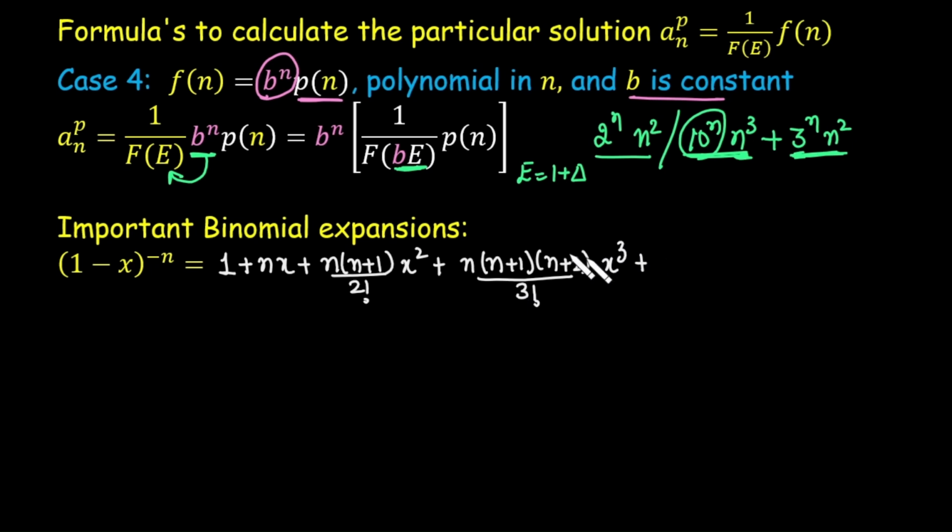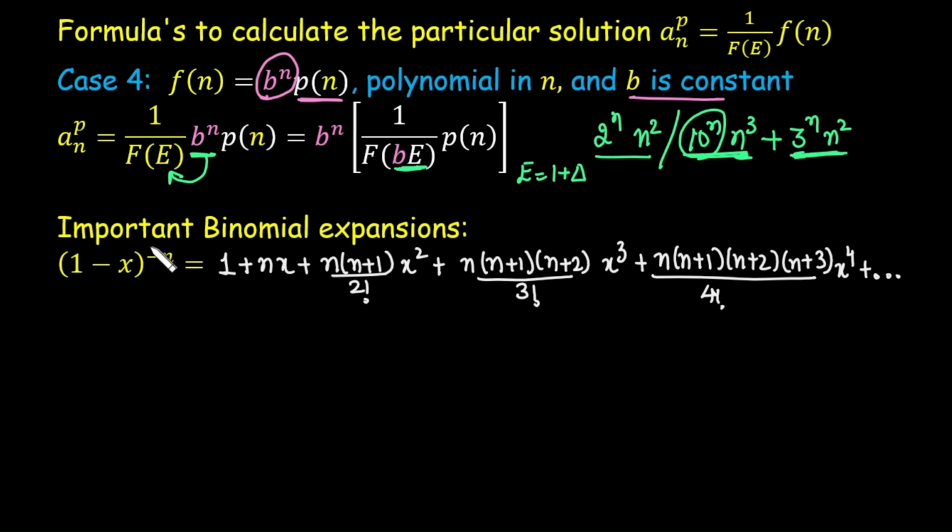Next term is n into n plus 1, n plus 2, n plus 3, divided by 4 factorial, x raised to power 4, and so on. So this type of series you will get from this case.